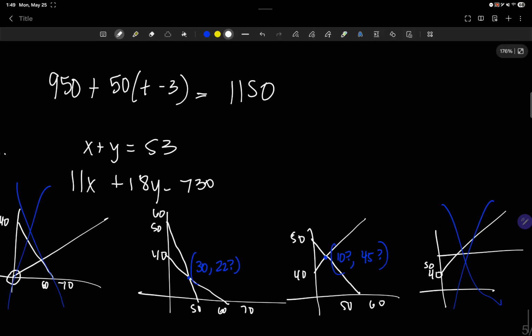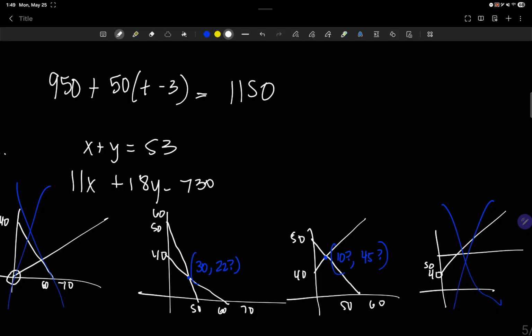I'm going to solve the system. But actually, I already have the answer without having to solve it. I'm like you, I would eliminate some answer choices. First of all, when I look at the first equation, x plus y equals 53, if you subtract x over, that's the line y equals 53 minus x.